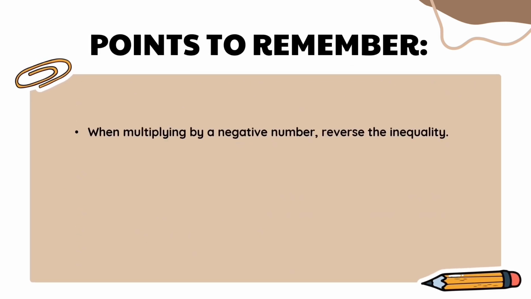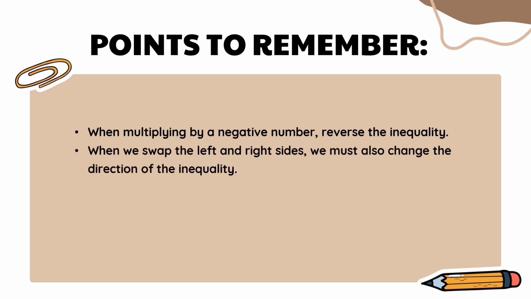So next, when multiplying by a negative number, we must again reverse the inequality. And when we swap the left and right sides, we must also change the direction of the inequality. So you must remember these things.